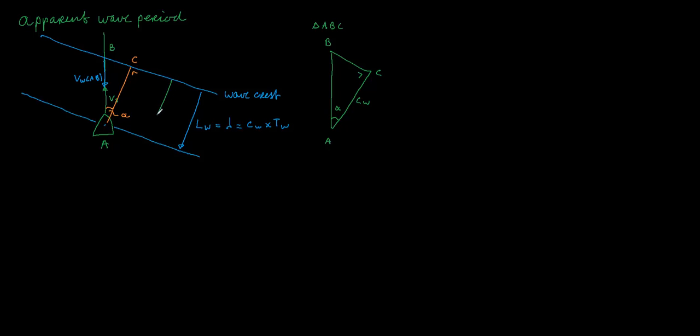The wave is moving in this direction, and here we have the speed of the wave in the direction AB. So we could say the cosine of alpha is the speed of the wave divided by the speed of the wave in the direction AB. We are particularly interested in the speed of the wave in the direction of AB, which would be the speed of the wave divided by the cosine of alpha.